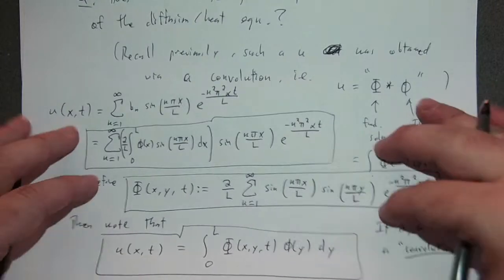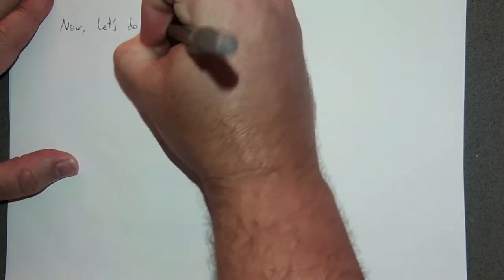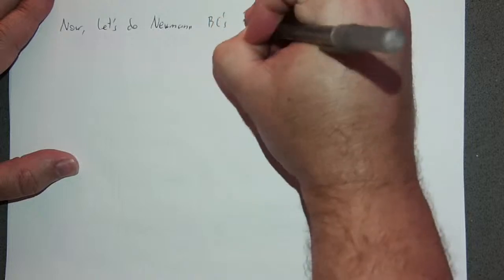All right. Now, on to Neumann boundary conditions for the heat equation. So now let's do Neumann BCs for the heat equation.